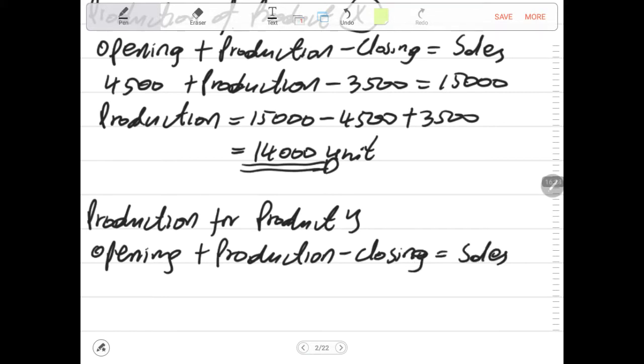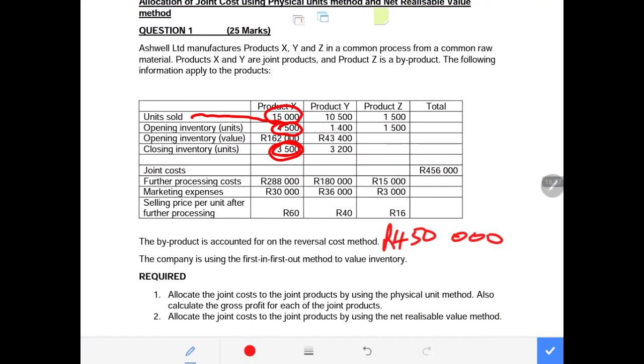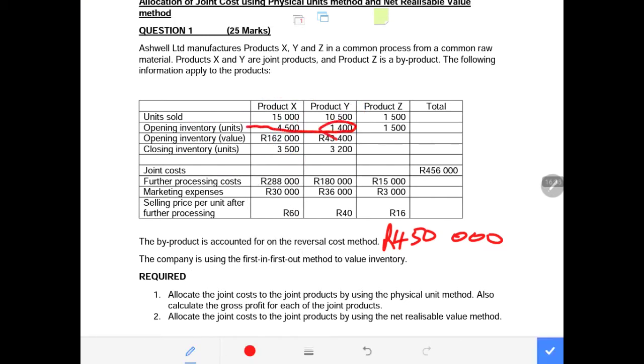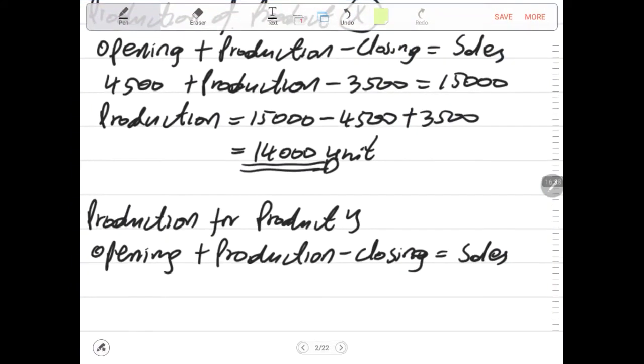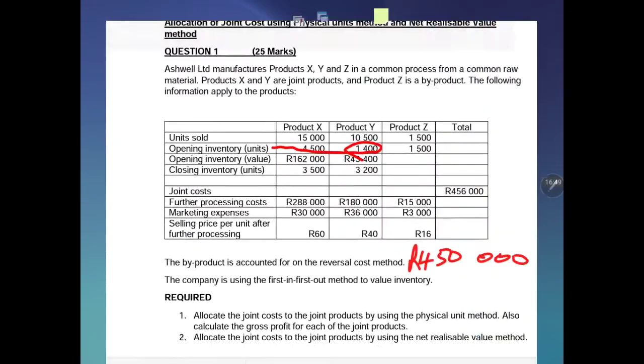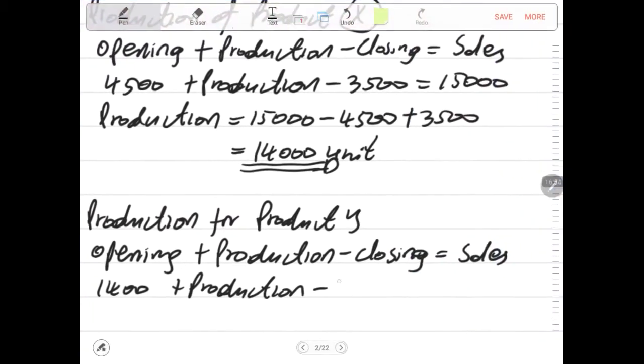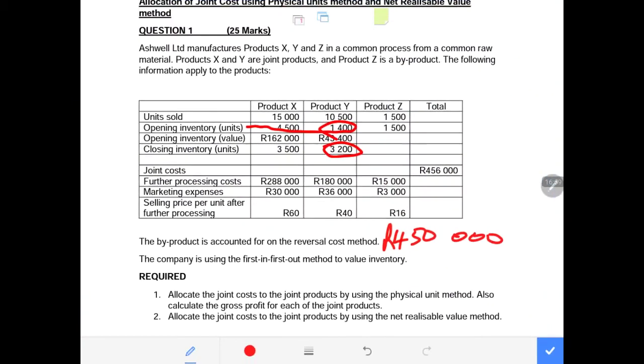Our opening units for product Y is a total of 1,400 units. That is our opening inventory. 1,400 plus production that we're looking for minus closing. Our closing is 3,200 units. 3,200 is equal to our sales. Our sales is 10,500 units that were sold for product Y.